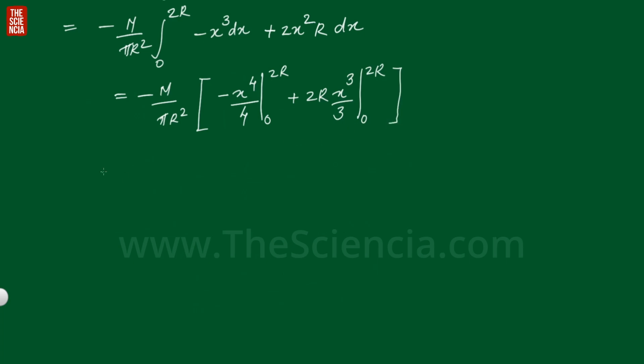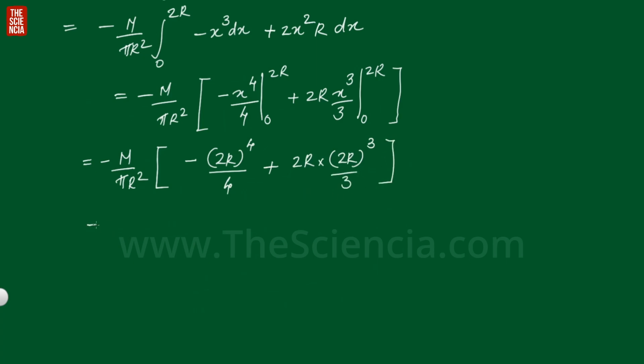Now we are substituting the limits. That is equal to minus m by pi r square into minus (2r) raised to 4 by 4 plus 2r into x, that is (2r) cube by 3.